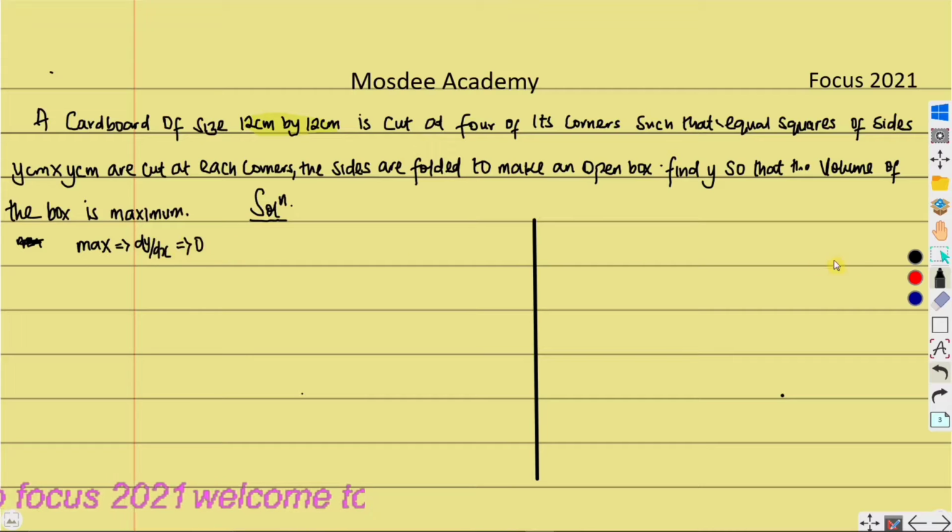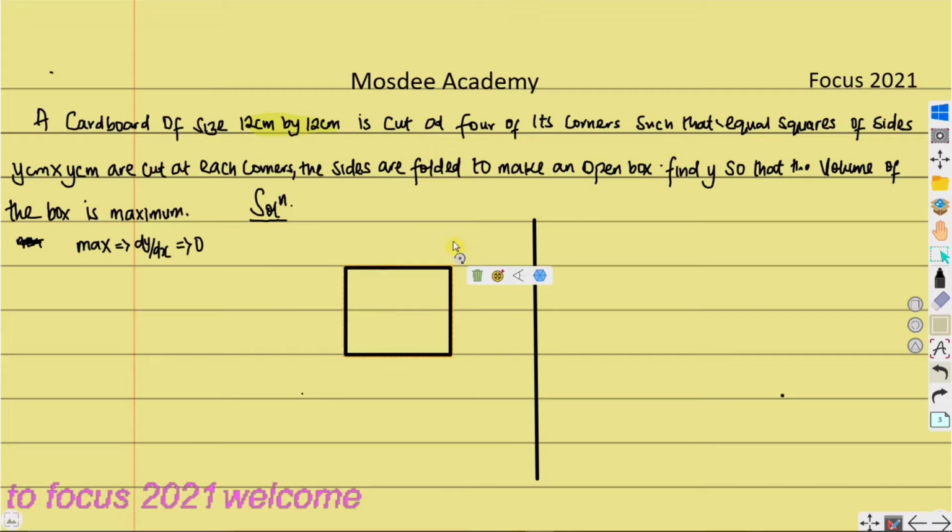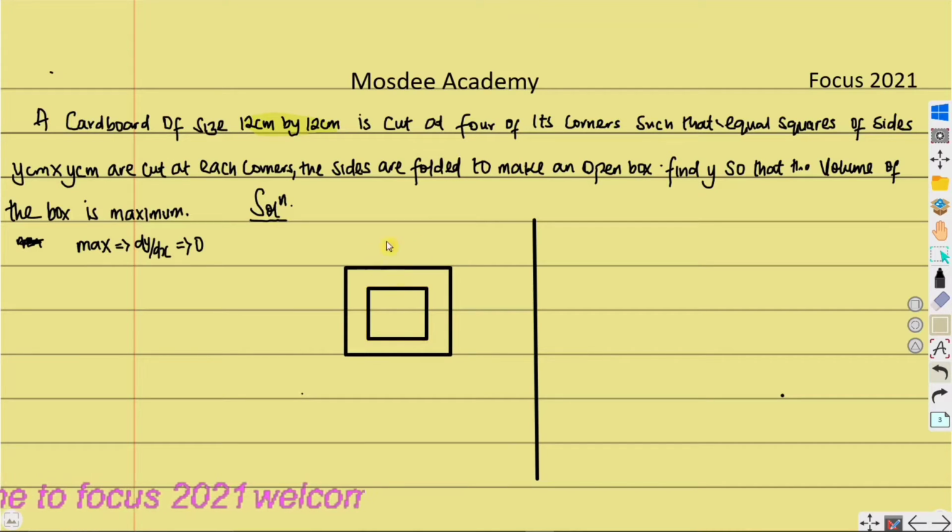Now, to carefully understand this, we can try and draw out the cardboard, which is basically going to be in form of a square. Diagram not done to scale. Initially, the dimension was given to be 12 centimeter by 12.